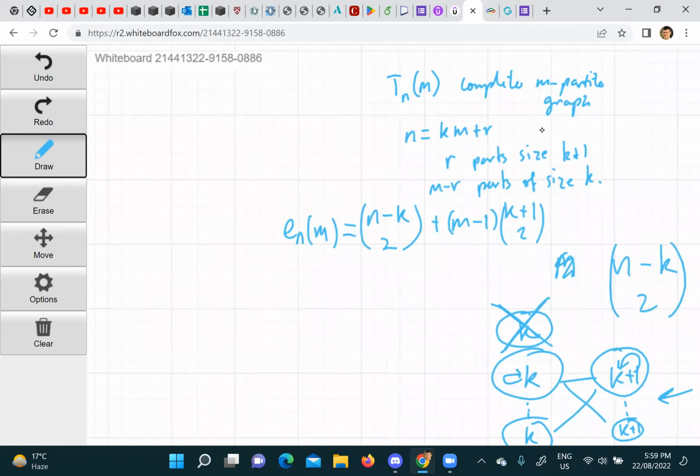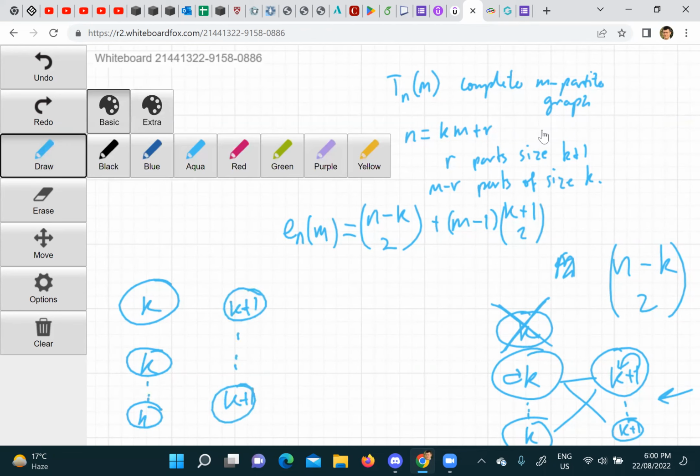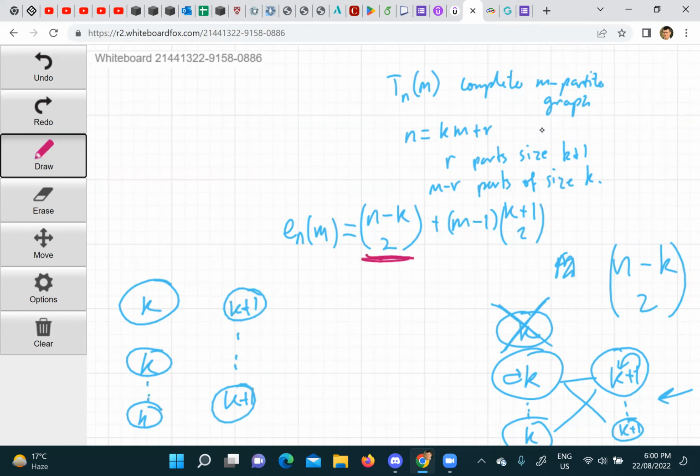So you have basically all these parts that have k things in them, and then you have all these parts with k plus 1 things in them. So this term here, n minus k choose 2, is basically deleting this part and then connecting all of these things together, but also internally connecting.